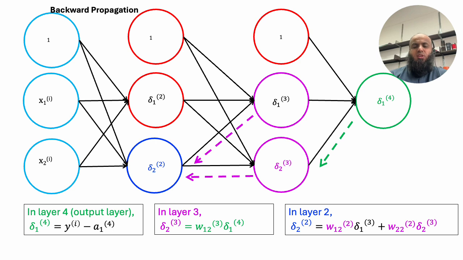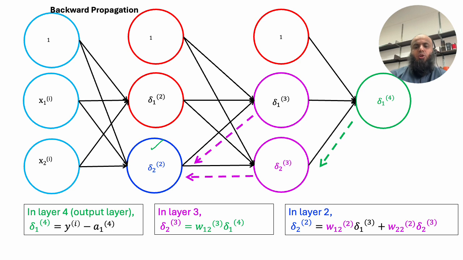Likewise, we can further propagate this error backward. In layer number 2, let us focus on this particular unit. The delta superscript 2 subscript 2, which is this error, is computed using these two weights multiplied by the corresponding errors from the next layer, which is layer number 3.